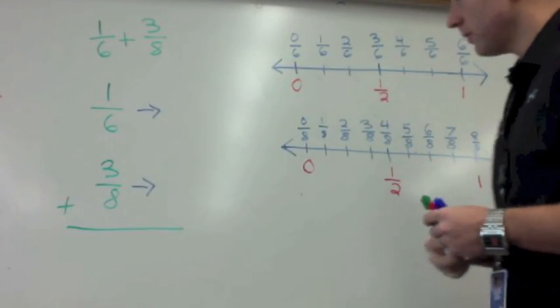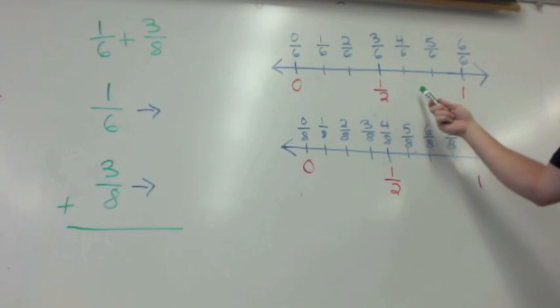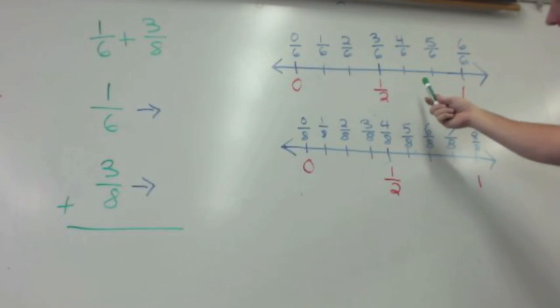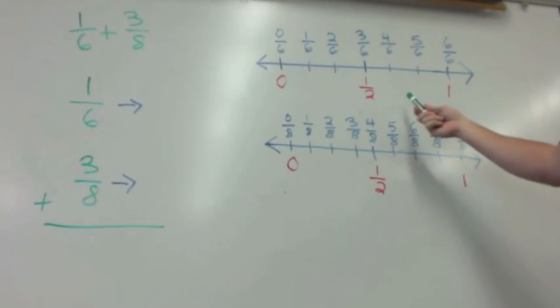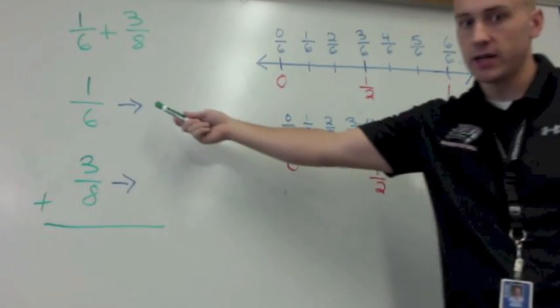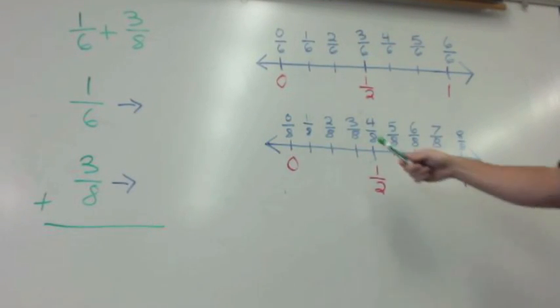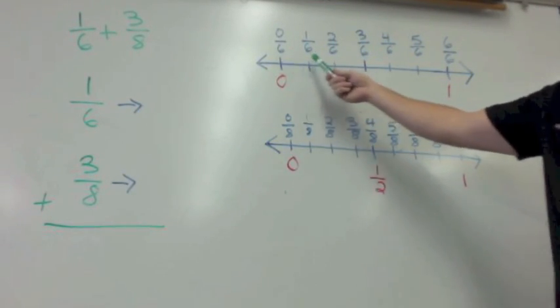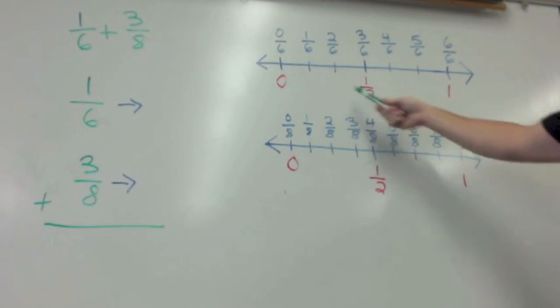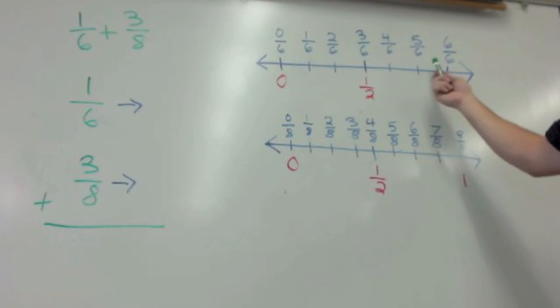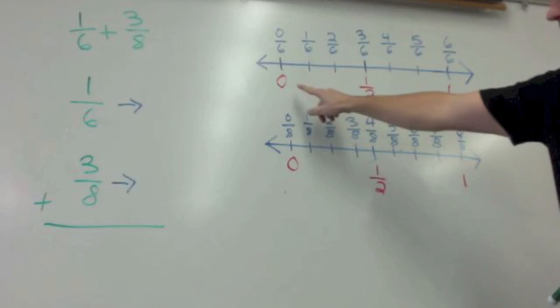Okay? So what I did is I drew a couple number lines. This top one is for 1/6, the first number right here. I split my number line up from 0/6 to 6/6, so I've got 1/6 through 6/6 right here. Down here I labeled my benchmarks.